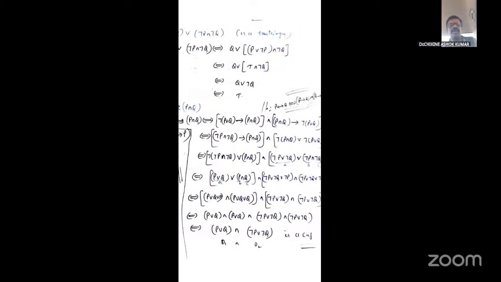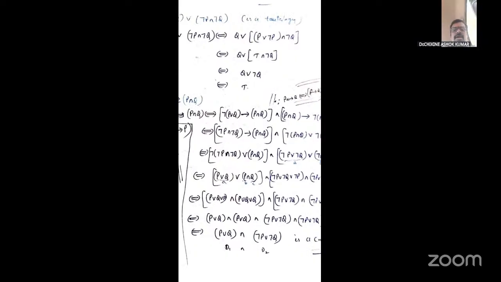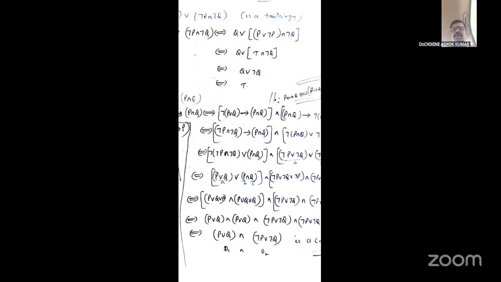Q implies P means P intersection Q implies negation (P union Q). Next step here: negation of P intersection negation Q. Now I'm going to apply the De Morgan property. What is De Morgan's law?